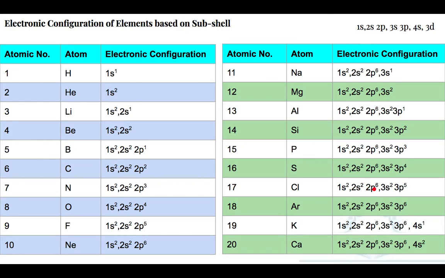So 2p6, because p can carry 6 electrons, so it has become a total of 10. Still it has 7 electrons left, that's why we will continue. So 3s2 means 12, so still it has 5. So 3p5, though it can carry 6 electrons, but since only 5 electrons are remaining, that's why we are writing 5.